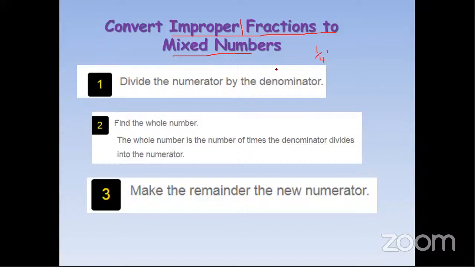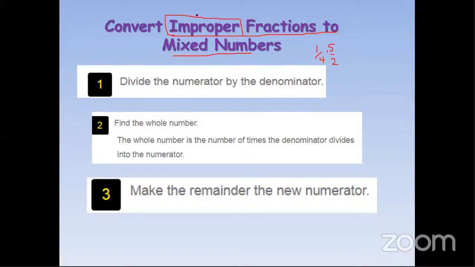Okay, Shalom, can you give us an improper fraction? Oh, Shalom is not there. Harriet, please. 5 out of 2. 5 out of 2, correct.